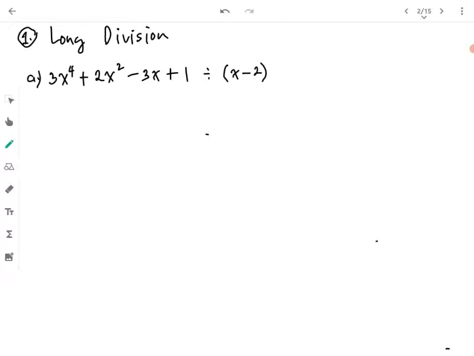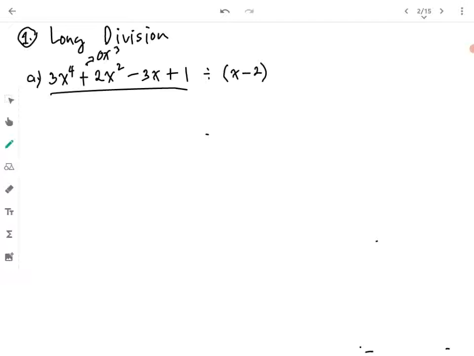So we have here 3x raised to 4 plus 2x squared minus 3x plus 1. The first thing that we are going to do is make our dividend complete. You can see it's missing the x cubed term. So we can rewrite this with a missing 0x cubed, so we have to write that.